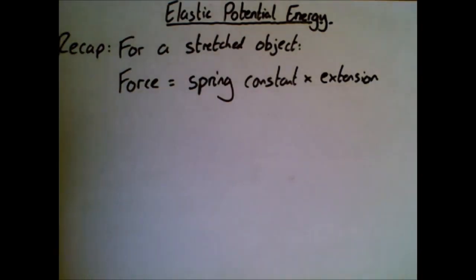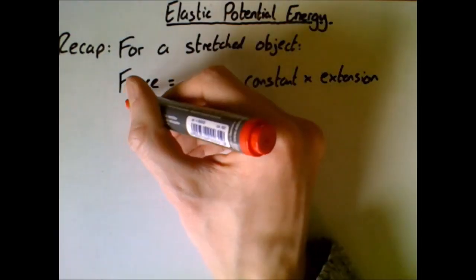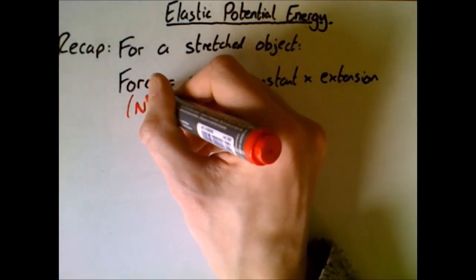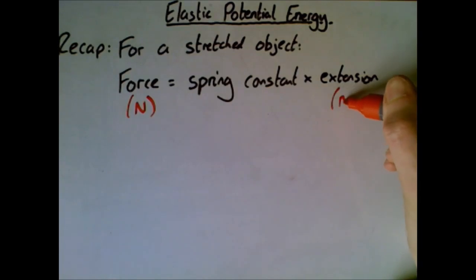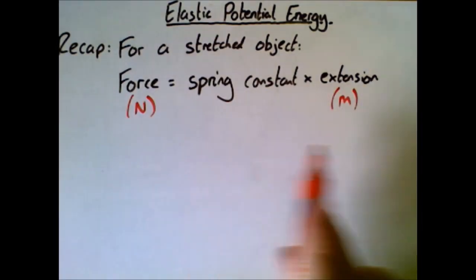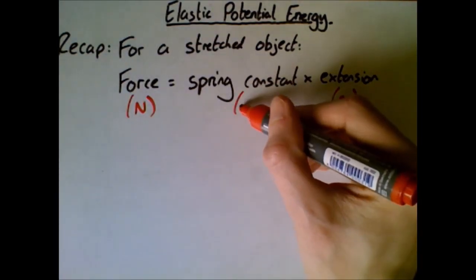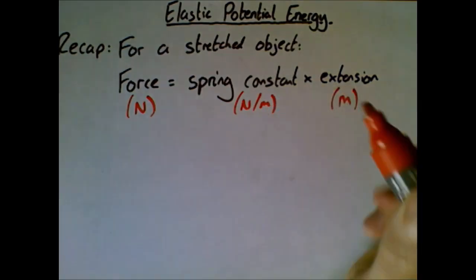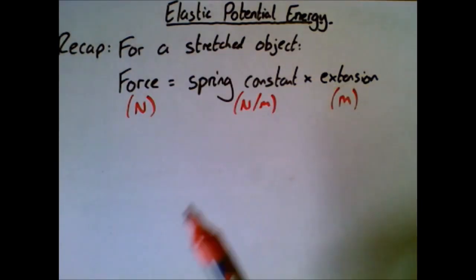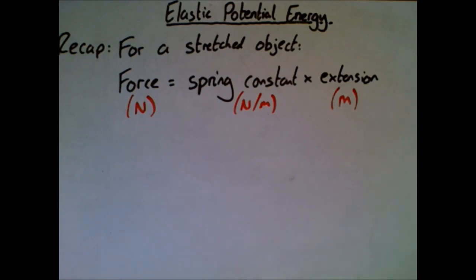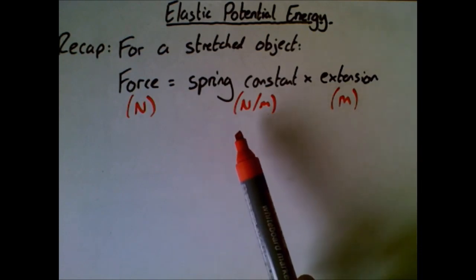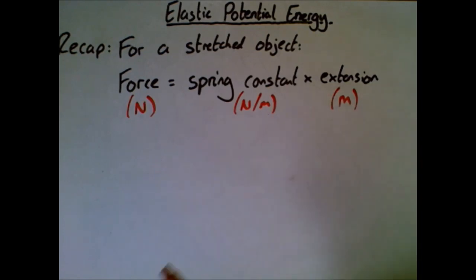And we could check the units for that just to remind us here. Force is measured in newtons, extension is measured in meters, and using a bit of logic there, you can work out that the spring constant must be measured in newtons per meter. Now, it's a good opportunity to recap this idea of spring constant. It just means really how difficult is it to stretch the spring. Actually, it means how many newtons does it take to stretch the spring by 1 meter.